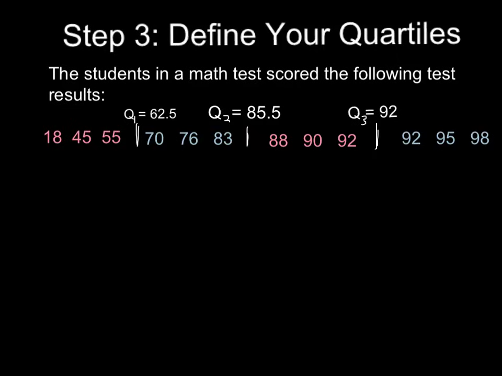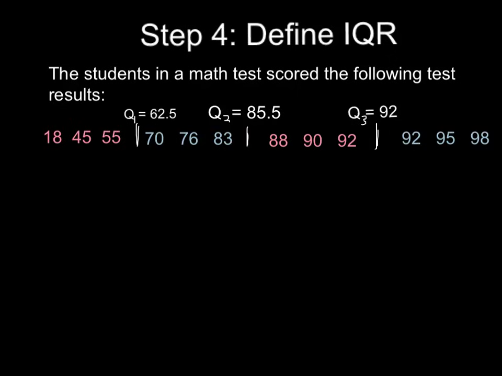Once you know your quartiles, the next step is going to be to find your interquartile range. To do that, you are quite simply going to take your Q3 number and subtract your Q1 number to get the range of your middle 50% of the data, right?